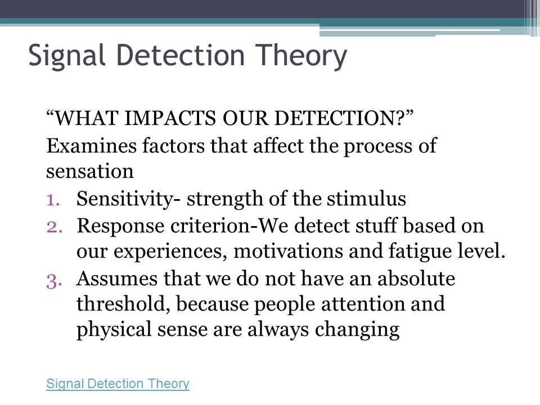Fatigue could also impact it. I might not notice a stimulus in my environment if it's really quiet or if I'm really tired. This theory assumes that we do not have an absolute threshold, because people are paying attention to the physical senses and they're always changing. So this one maybe isn't saying that we have absolute thresholds.